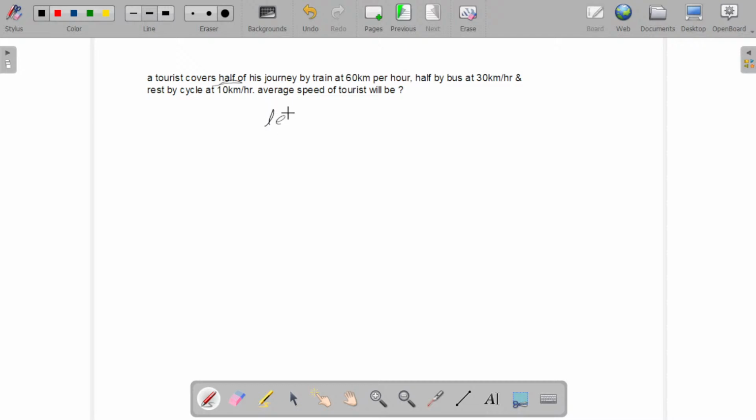Let us suppose the total distance is 60. For simplification I took 60, you guys can take whatever you want and solve it. So total distance is 60 kilometers.